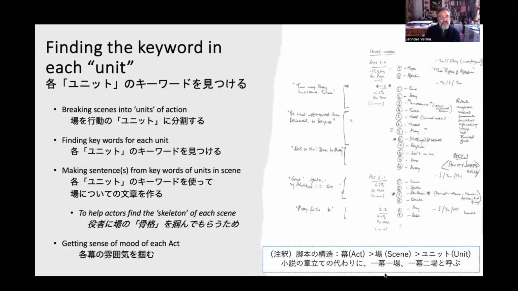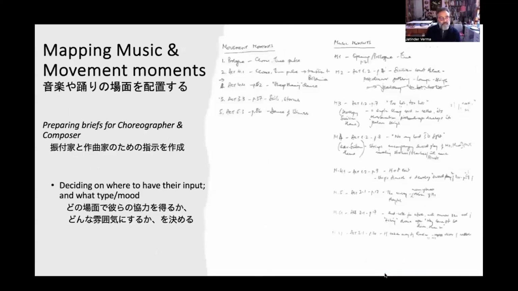Okay, so to the next slide. This is a note where I was thinking about the music and the movement. In working with the choreographer and the composer, I had to help them by identifying for them places where I see some formal movement, like a dance or whatever.